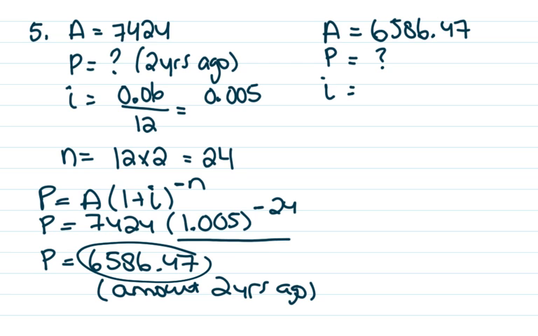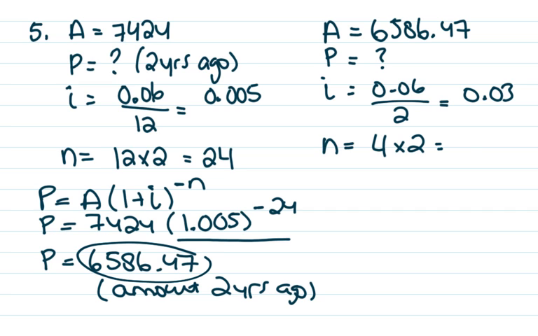The interest rate for those 4 years was 6%. But instead of being compounded monthly, it was compounded semi-annually, so 2 times per year, which gives us an interest rate of 0.03. And the number of compounding periods, that was for 4 years, and it was compounded twice a year, so that was 8 periods.